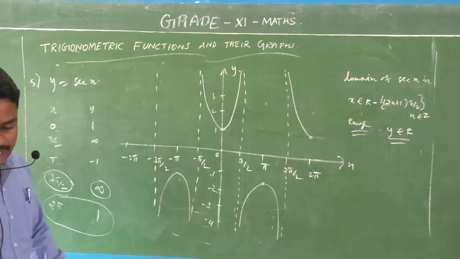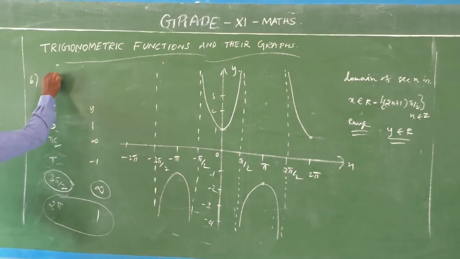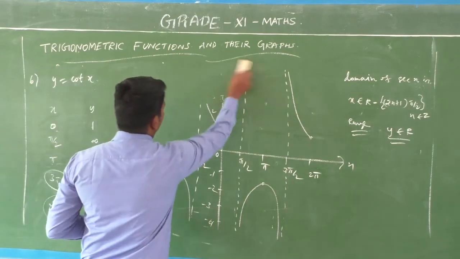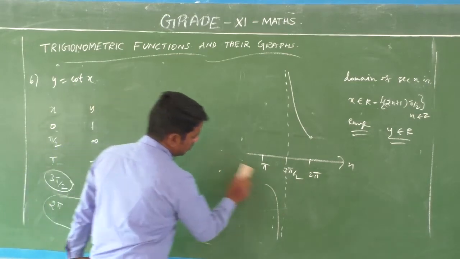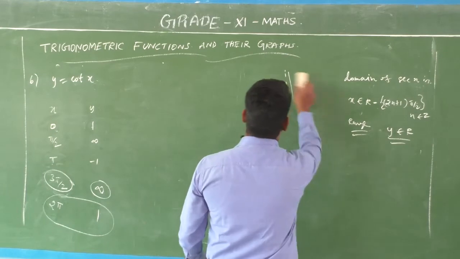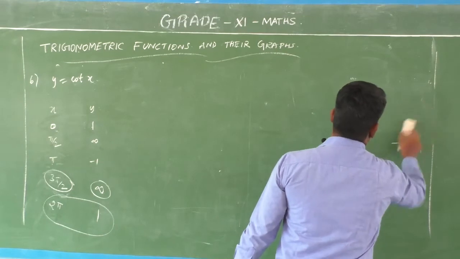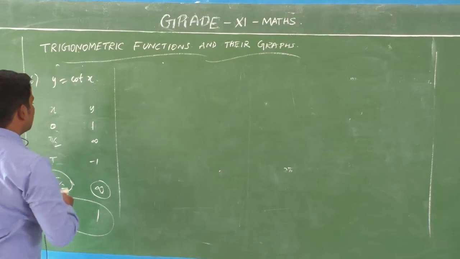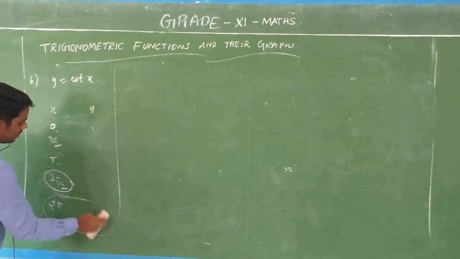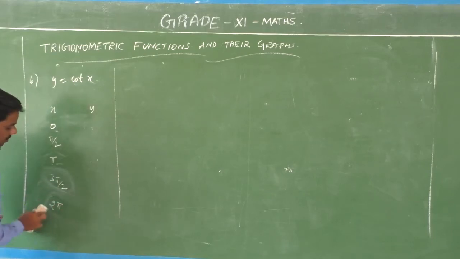Okay, right. Next, the last one, y equal to cot x. Let us take x from 0 to 2 pi, then find the value of y.